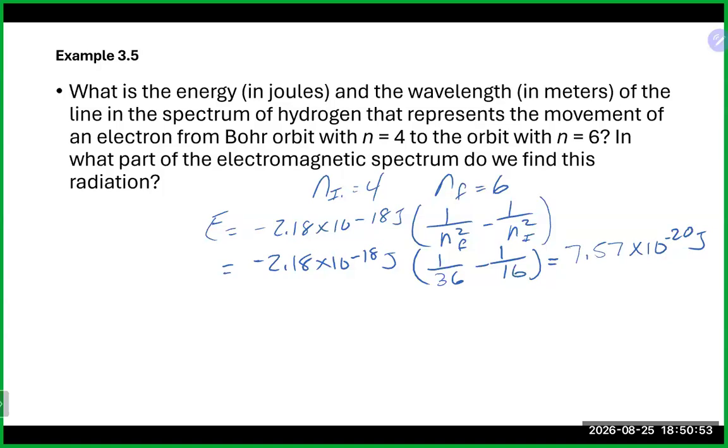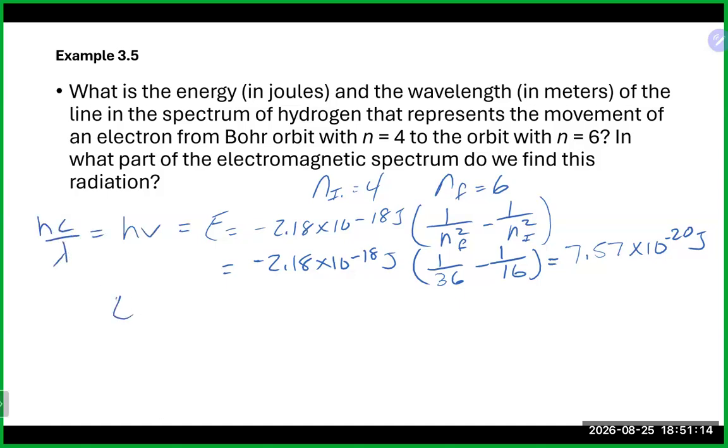As I mentioned a second ago, you should keep energy positive or negative depending on what you get, because it's important. One thing you should also keep in mind is that in a question like this, where we're looking for the wavelength, the energy equals h times the frequency and also hc divided by the wavelength.